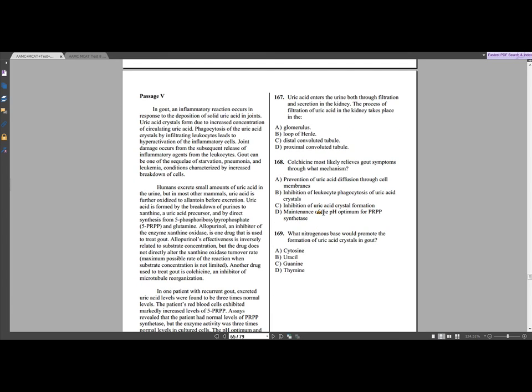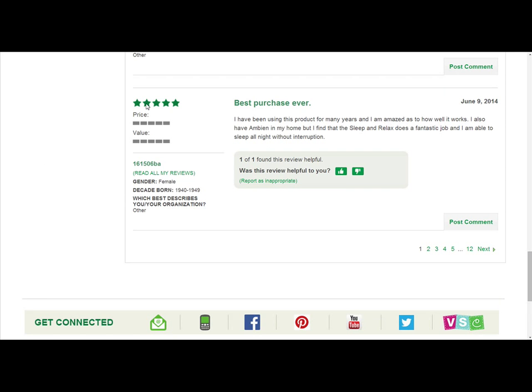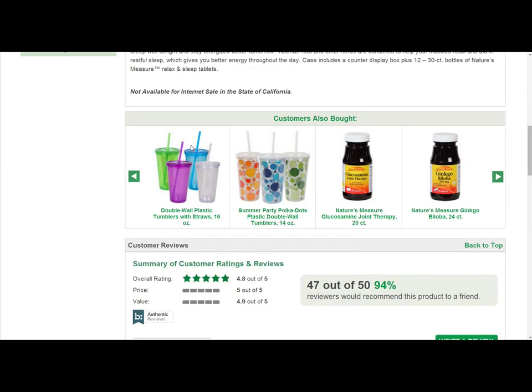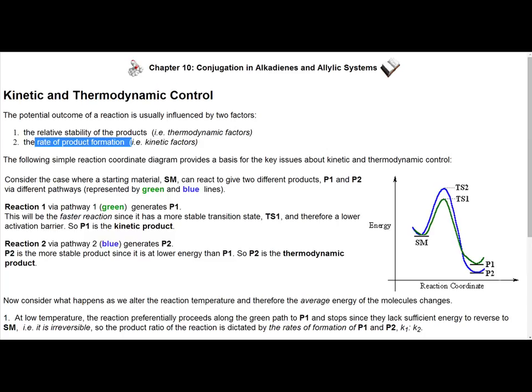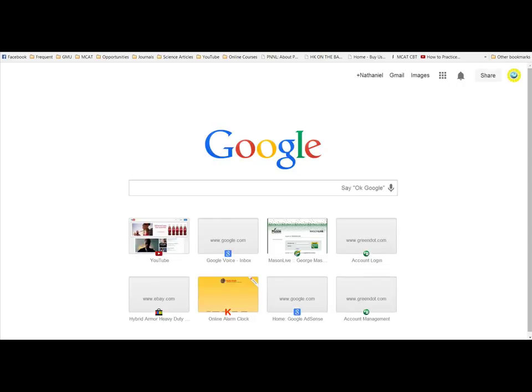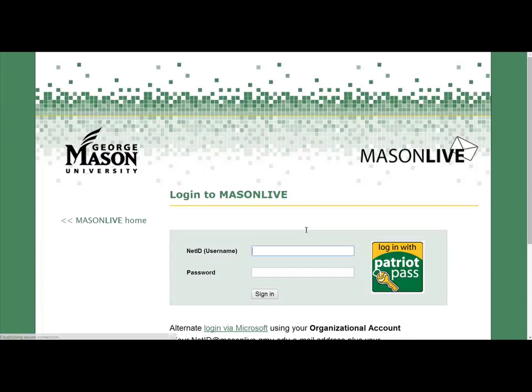Okay, passage 5. I'm gonna take a little break right here. Just gonna go browse some stuff. Yeah, no more idolatry.